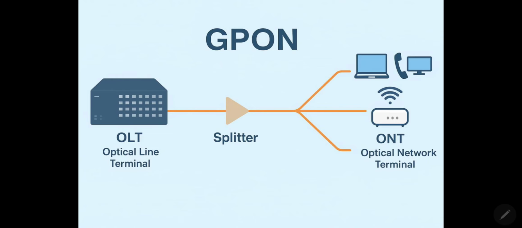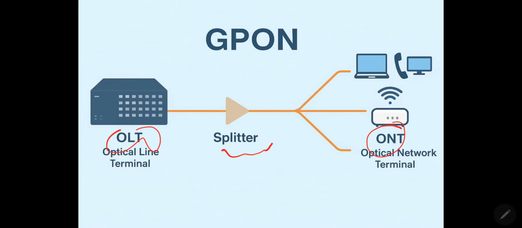Here I have drawn a flow diagram of the technology of GPON, Gigabit Passive Optical Network, and here you can see the components of this GPON, starting from the left: OLT, in the middle is the splitter, and on the right side is ONT.